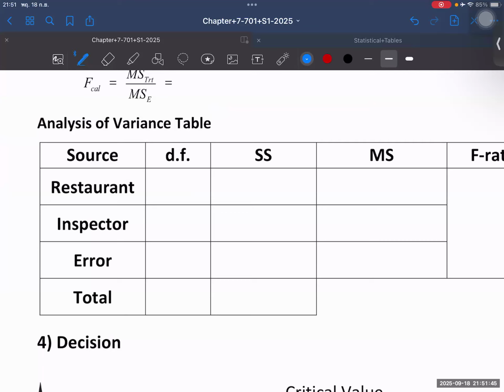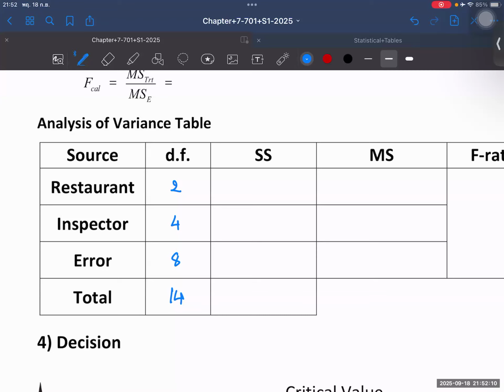So if you remember, the restaurant is K, so the degree of freedom is K minus 1, which is 3 minus 1 is 2. The inspector is L minus 1, which is 5 minus 1 is 4. And 2 times 4 is 8. So we have 14 for the total degree of freedom.